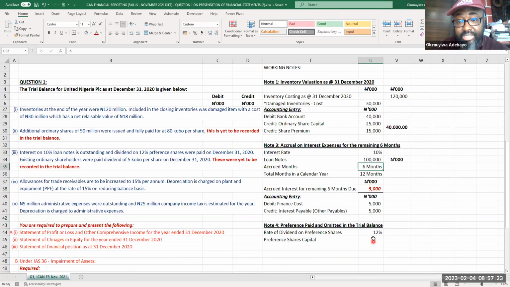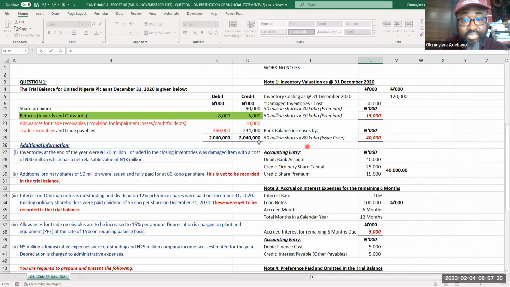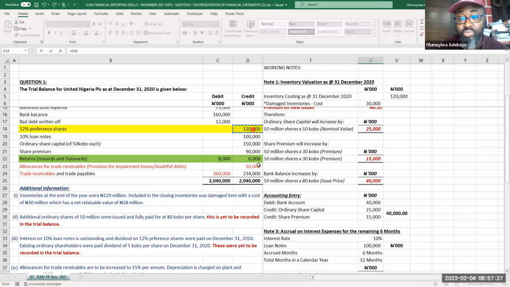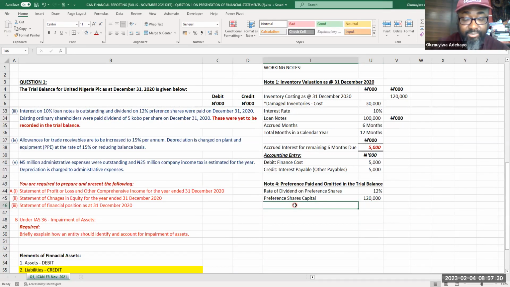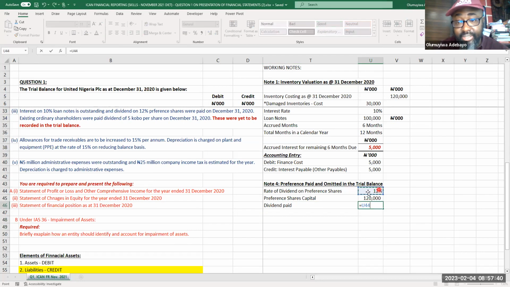I'll also link preference share capital to know where it's coming from, 120. Okay, the question then is, what is the dividend paid? Dividend paid is a fixed percentage of the value capital, which is 14.4.